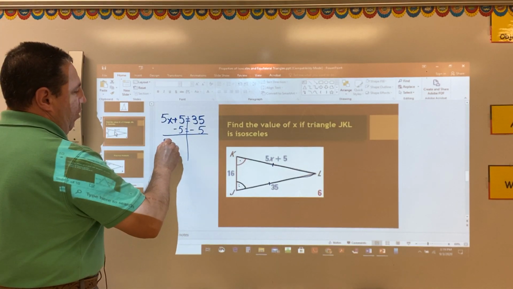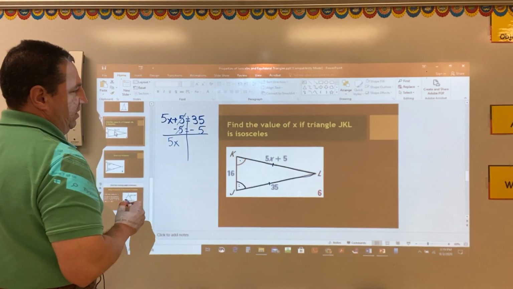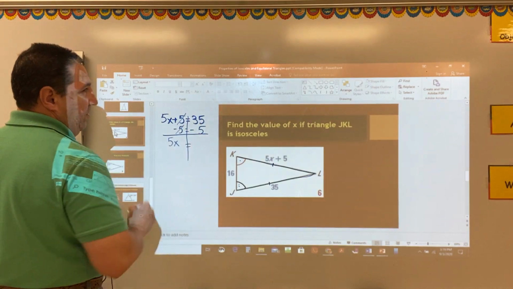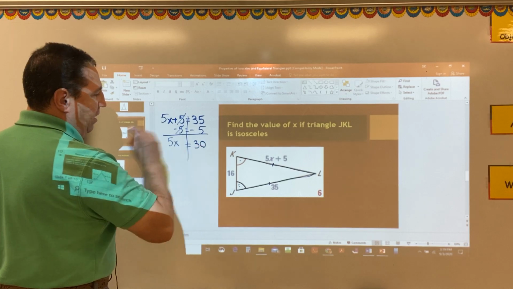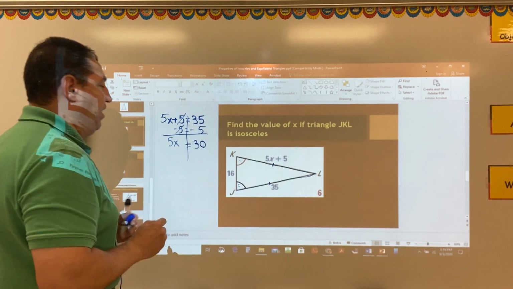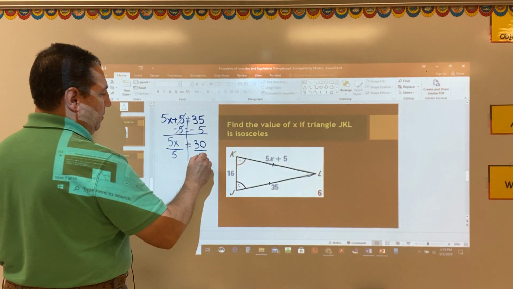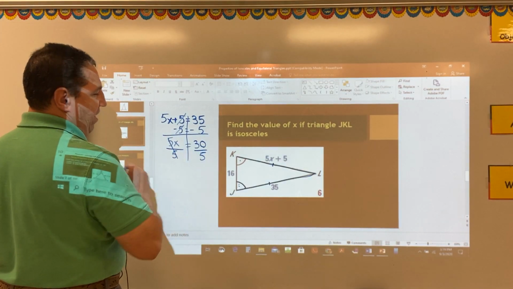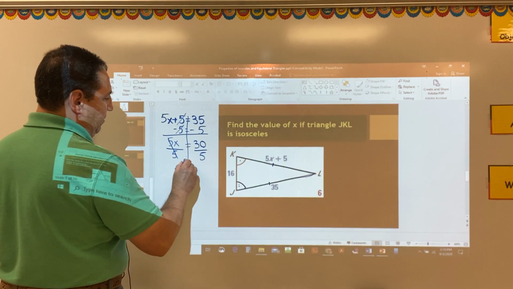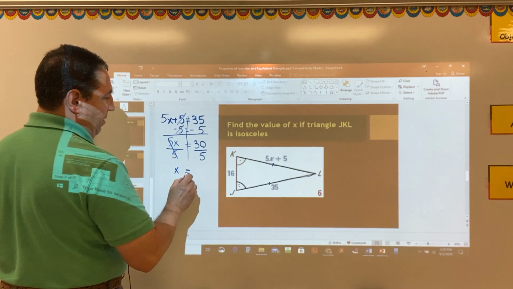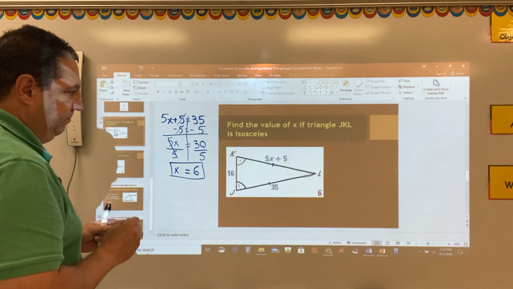And we bring down 5x. 5 and negative 5 cancel out. And on the right side, you're going to have 35 minus 5 equals 30. Next, we divide by 5 because we need to get x alone. 5 and 5 divide out. So remain x equals 30 divided by 5 equals 6. So x equals 6.